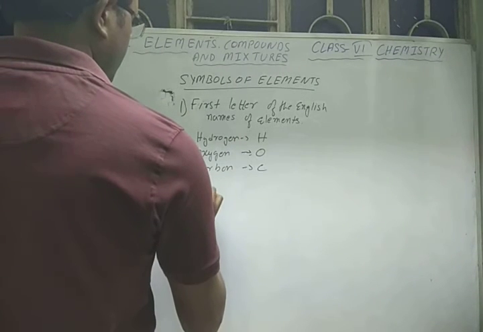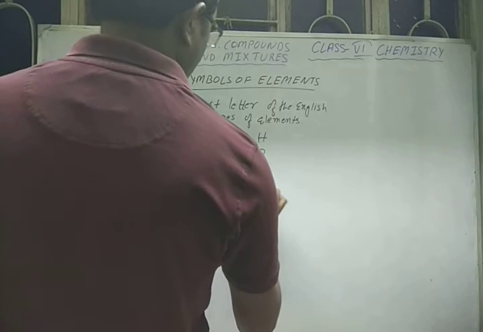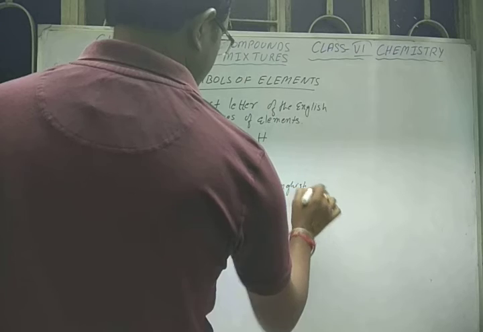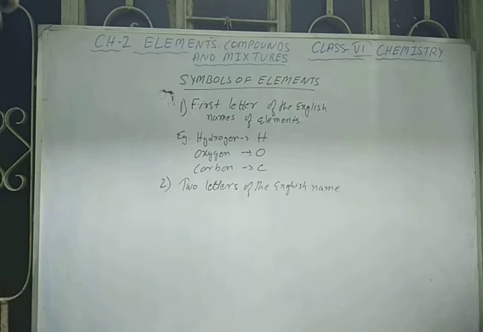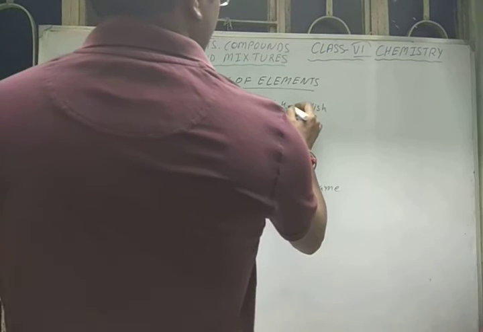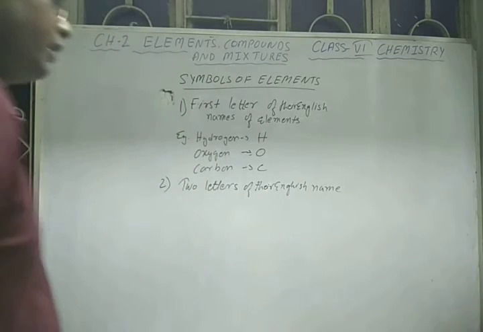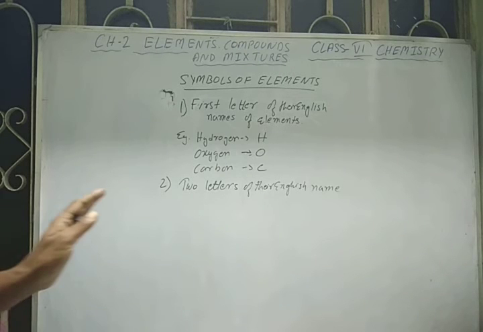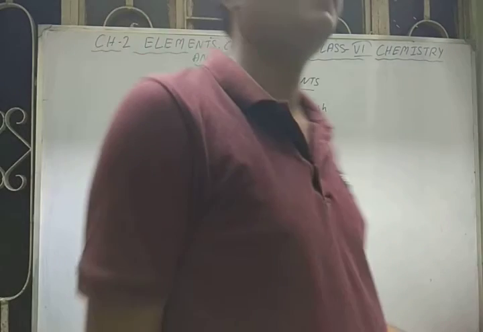So to overcome that problem, symbols are given by two letters of the English name. It is not mandatory to write the symbol with the first two letters.